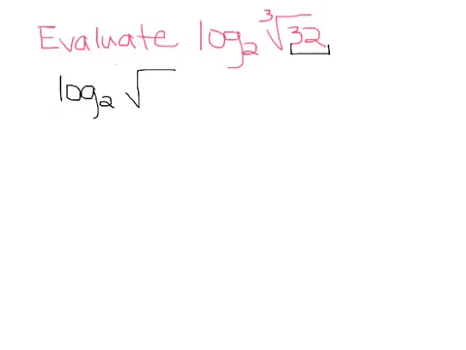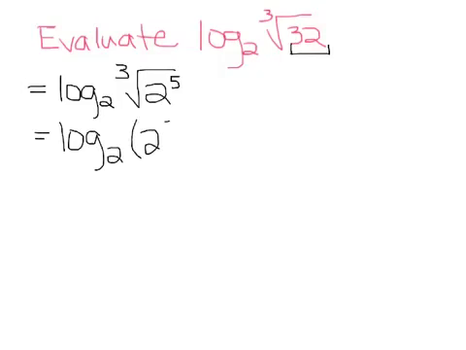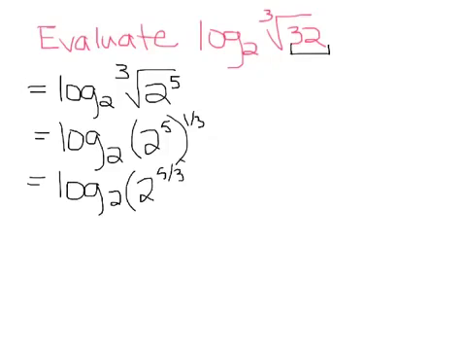So we had the cube root of 2 to the 5th power, because 2 to the 5th power is 32. And what we would do from there is we would rewrite the cube root as the 1/3 power, just like we did in the previous example. And then we have log base 2 of 2 to the 5/3.